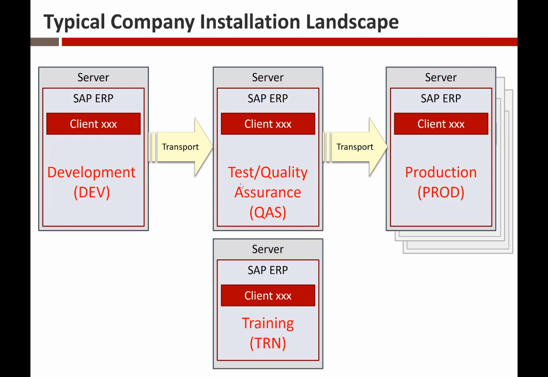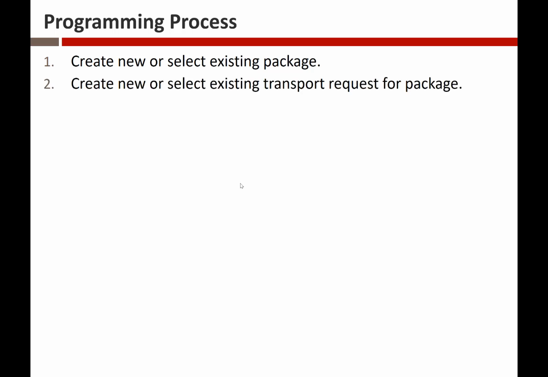Yep. So, programming process. First thing we do is we create a new package, the equivalent of creating a new big box. Or if we have an existing package already, we just say, I want to use that existing one. So we either create a new package or we select an existing one.